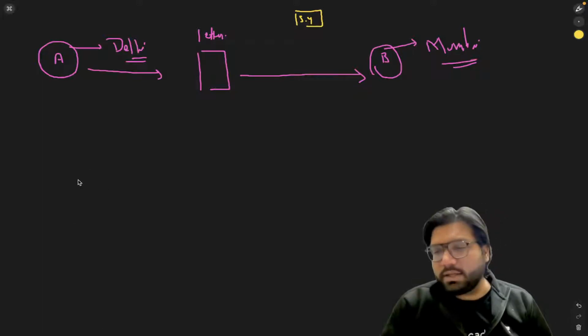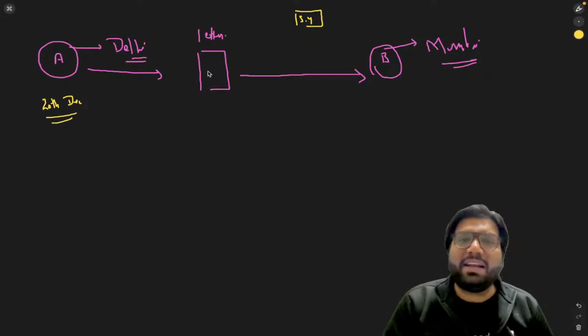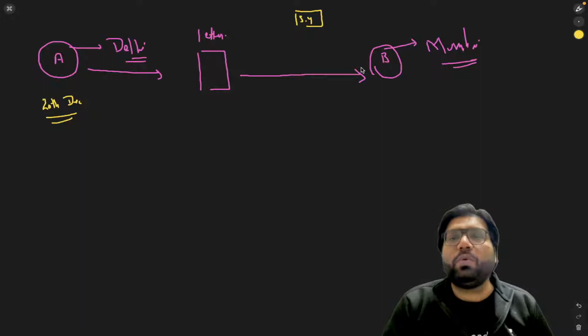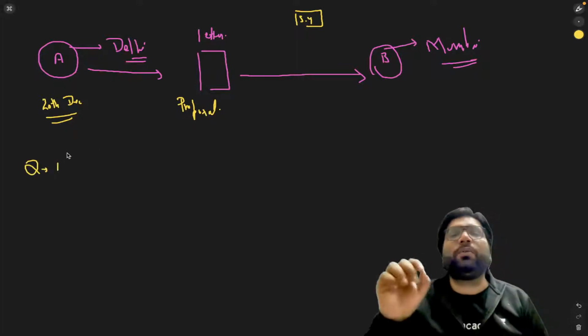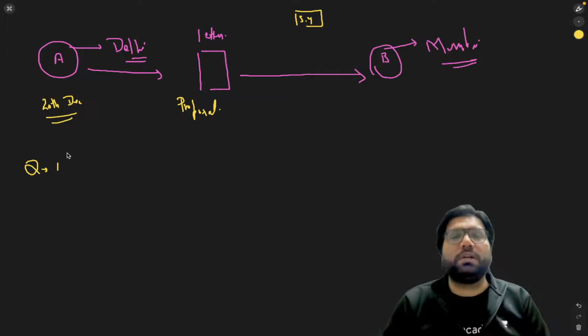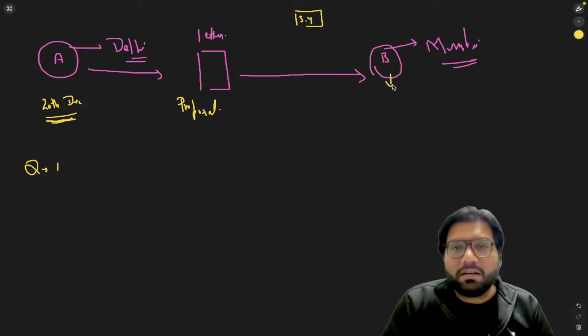Now today is 20th December. On 20th December, Mr. A writes a letter to Mr. B who is in Mumbai, so he is giving the proposal here. Now the first question: when will the communication of proposal be completed? Mr. A writes a letter on 20th December. Mr. B received that letter on 24th December.